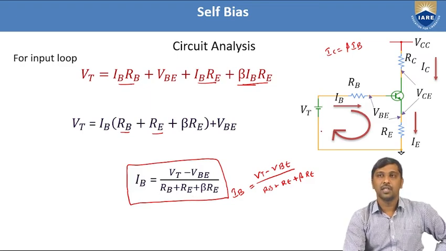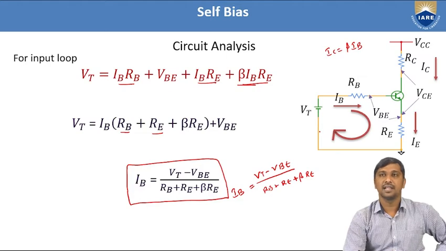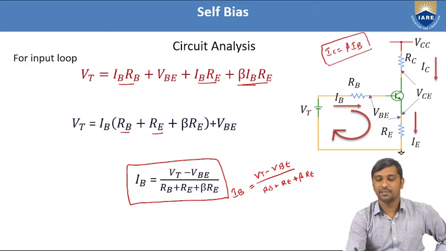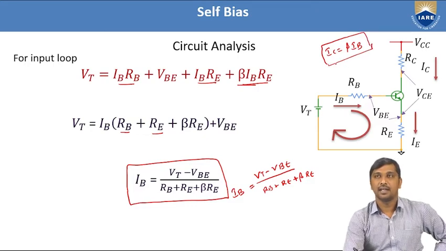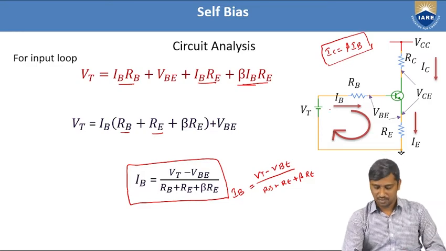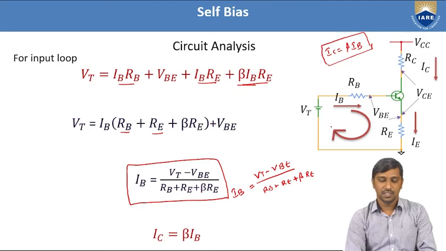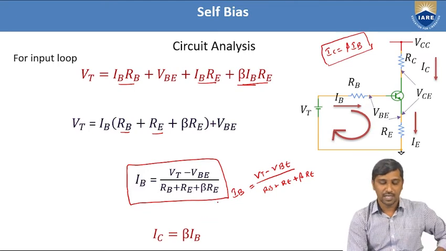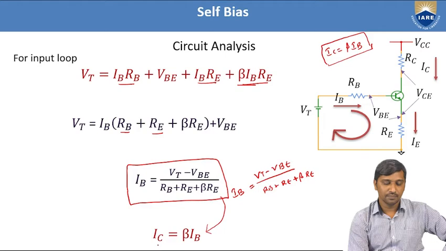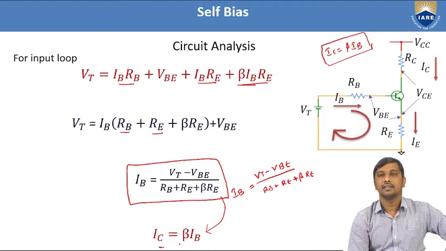Now we need to determine how much collector current is generated with respect to this self-biasing method. We know that from the common emitter configuration, the collector current IC is represented as beta times IB. So we just need to substitute the IB value here to determine the collector current across this self-biasing method.